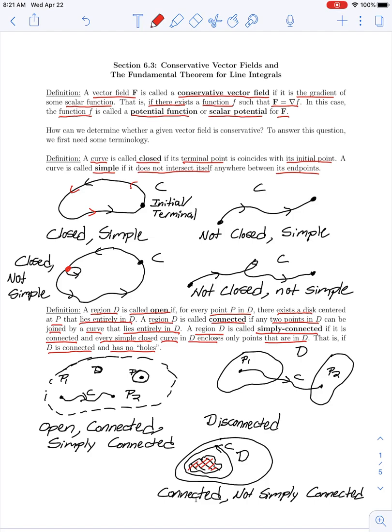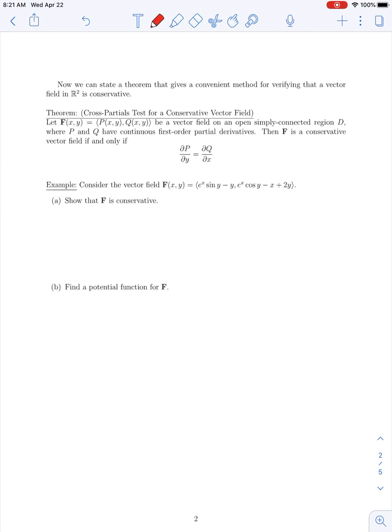So finally, now that we have this terminology, we can introduce a theorem which allows us to determine whether a vector field is conservative in the plane. So here's what our theorem says. It's called the cross partials test for a conservative vector field. It only works for two-dimensional vector fields. So let's consider a two-dimensional vector field. Let's say F of x, y has component functions P and Q of x, y.